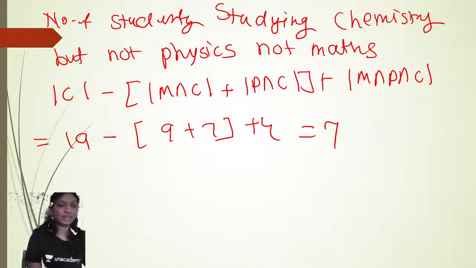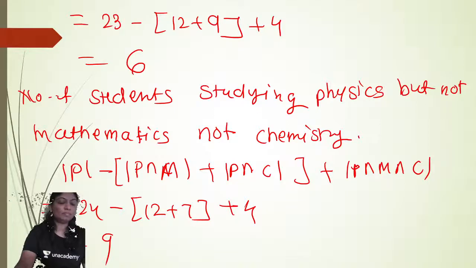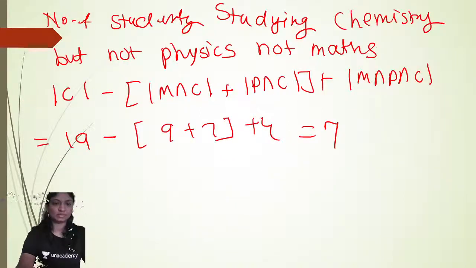Okay, so we can calculate the remaining part with the help of the third part. The total number of students who study exactly one subject is here 7 plus 9 plus 6, right? It means there are 22 students who study exactly one subject.